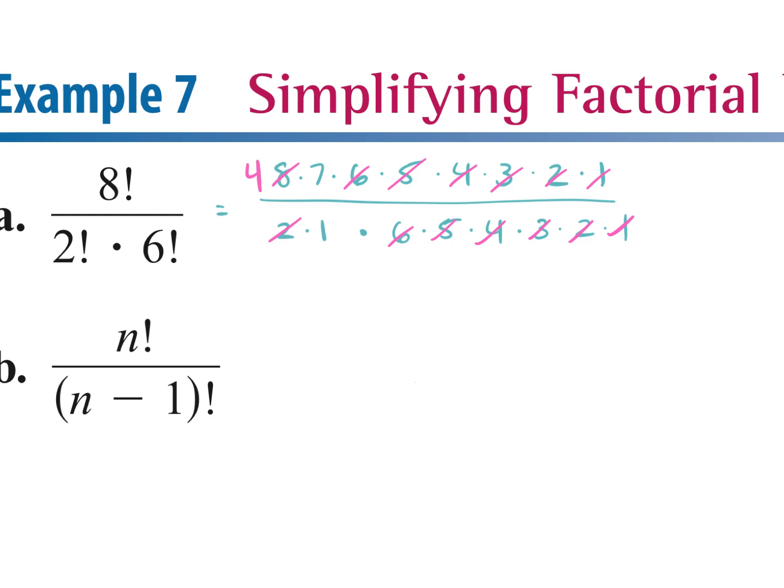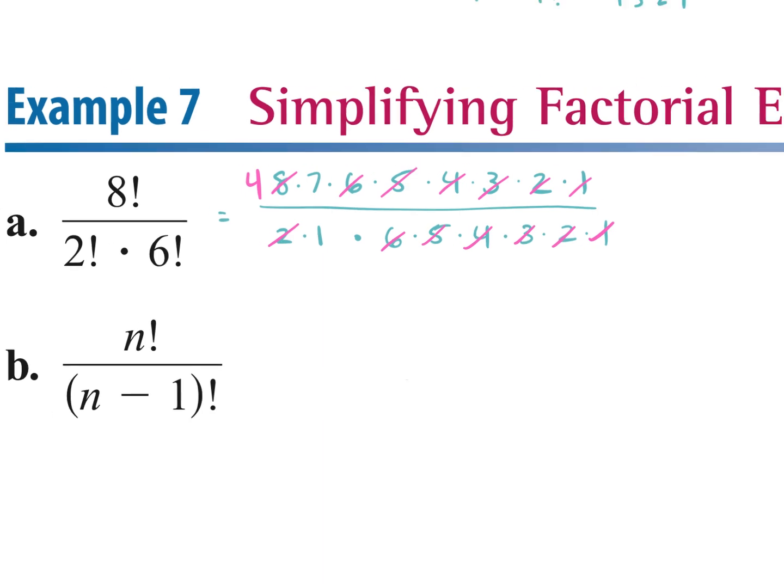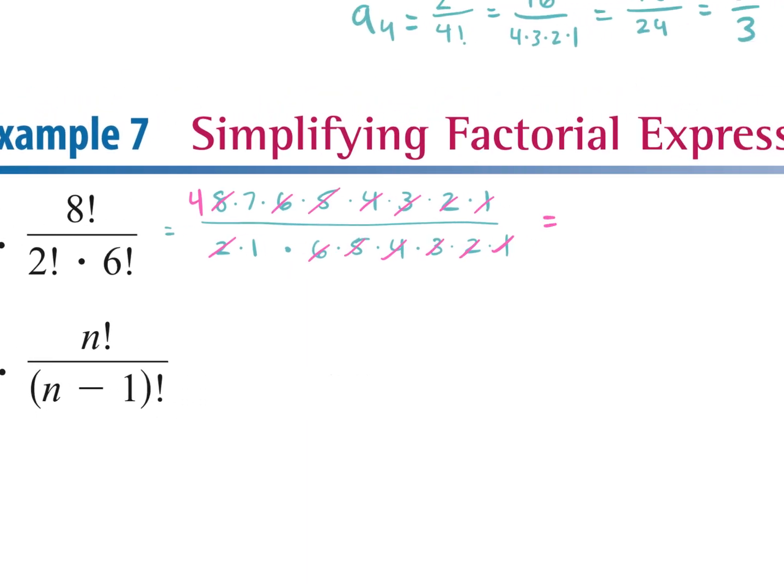So I can simplify a little bit more. I can cross out the 2 and the 8 and change the 8 to 4. So now what do I have left? I have a 4 and 7 on top, and then just the 1 on the bottom. So what's 4 times 7? 4 times 7 is 28. 28 over 1 would just be 28.